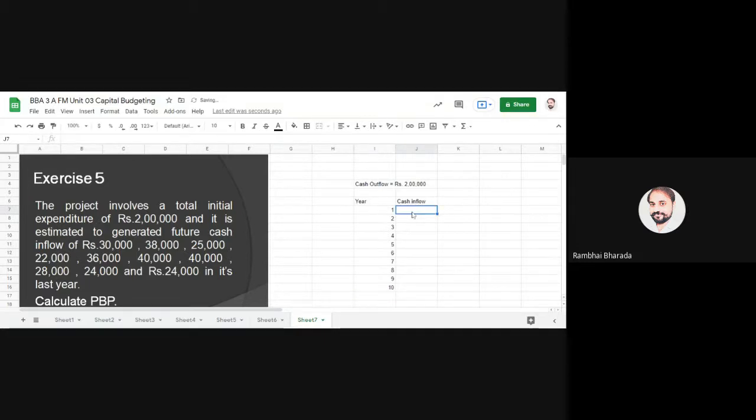Now cash inflow during the year: 30,000, 38,000, 25,000, 22,000, 36,000 in the fifth year. In the sixth year, we have 40,000. Again in the seventh year, 40,000, 28,000, 24,000, and in the last year, the 10th year, again 24,000.